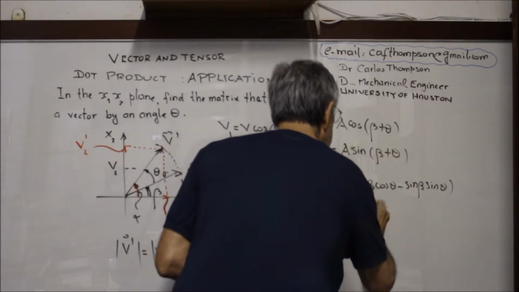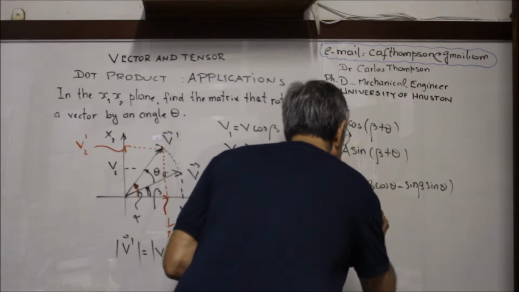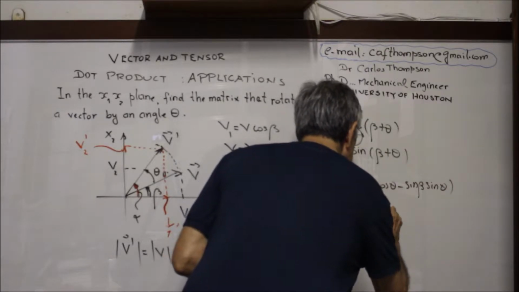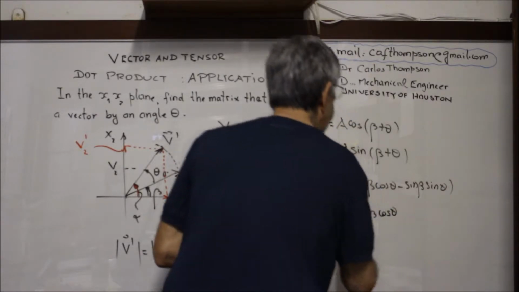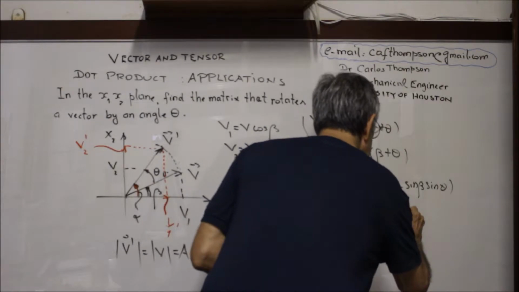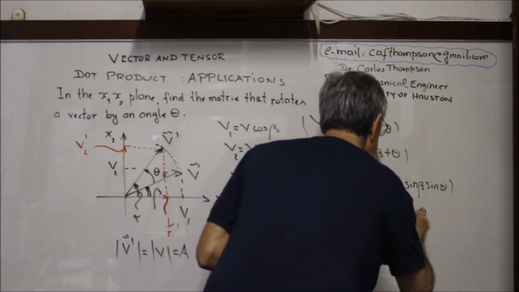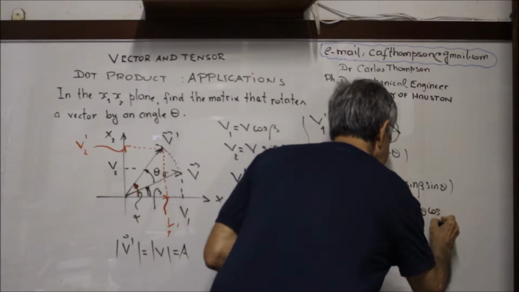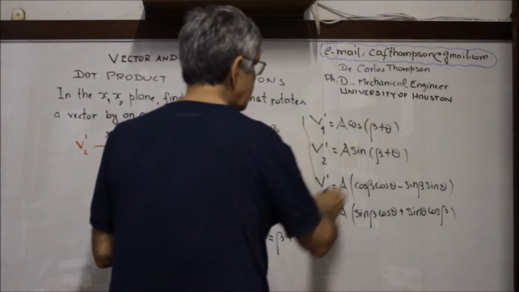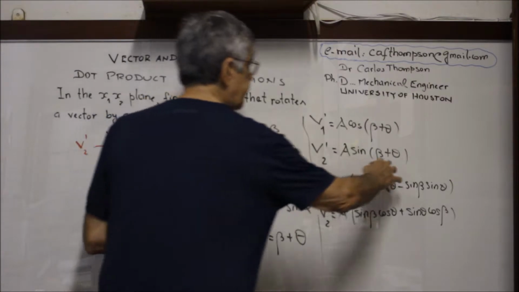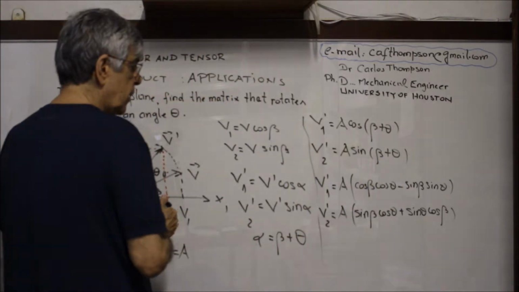This is sine of beta cosine of theta plus sine of theta cosine of beta. That is the sine of the sum of two angles.